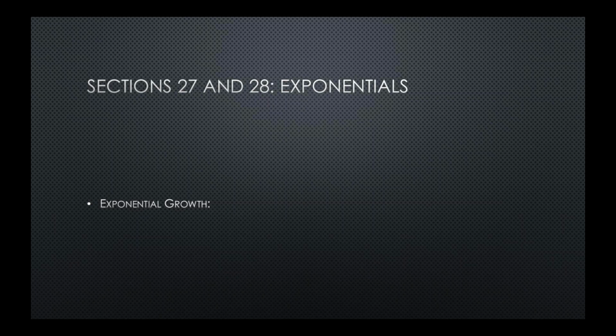Now, when we get to the formula for exponential growth, and this is on your formula sheet, A stands for your ending amount. And then we have A sub 0, which is the initial amount, right? So if you think about compound interest, this is very similar to compound interest.